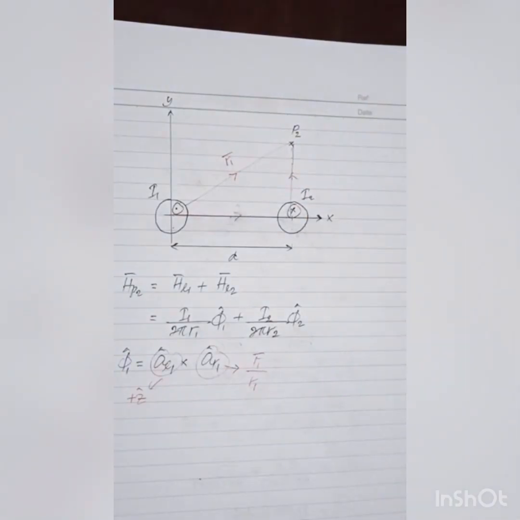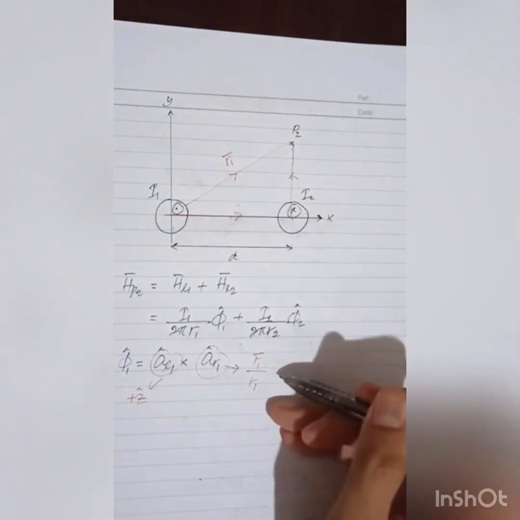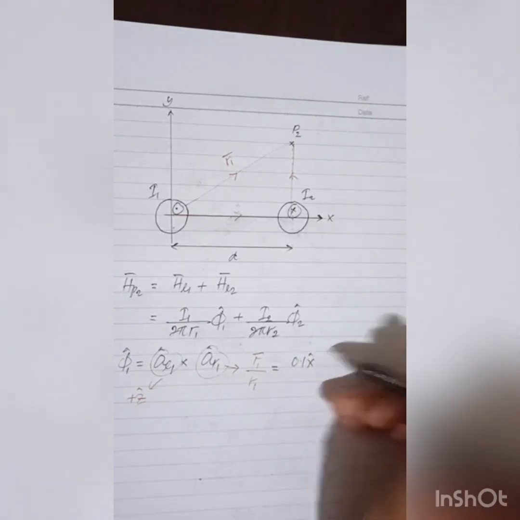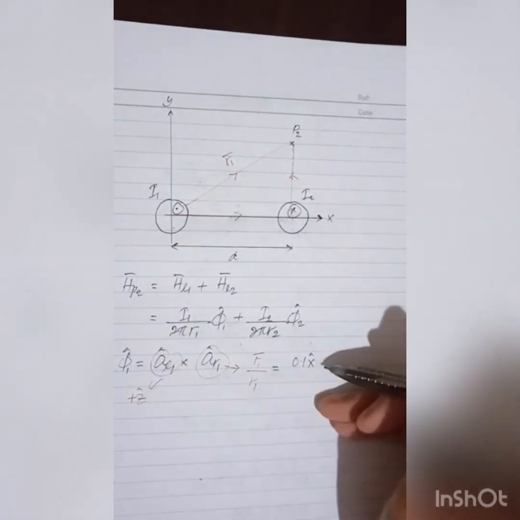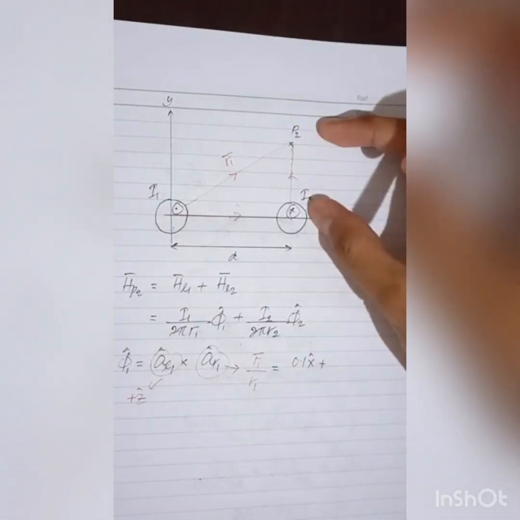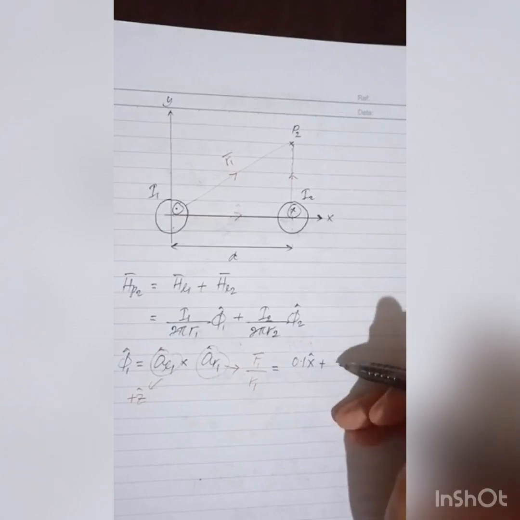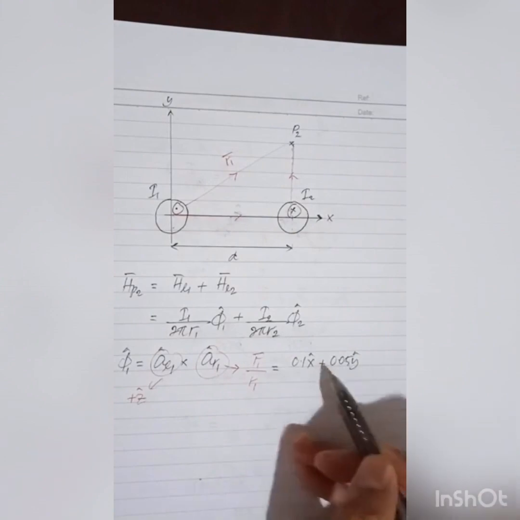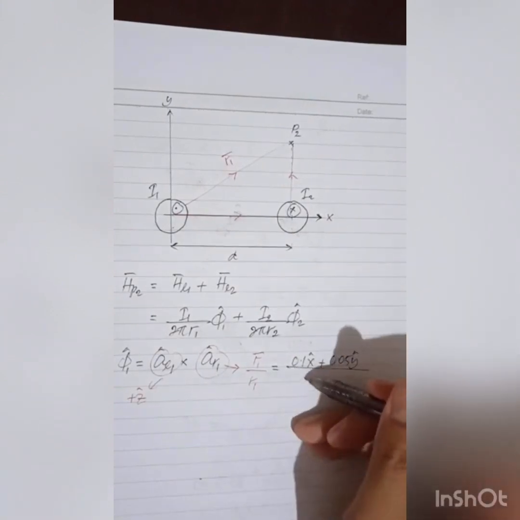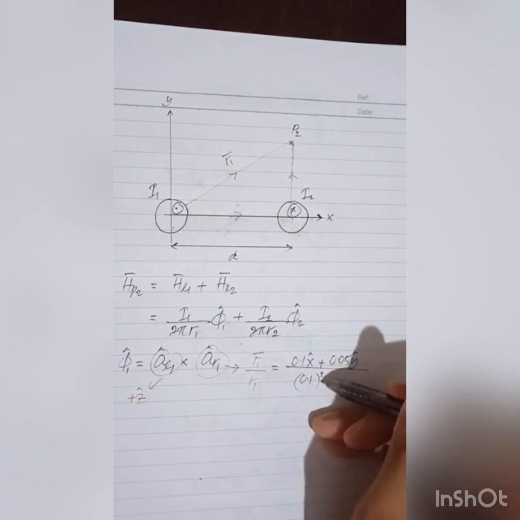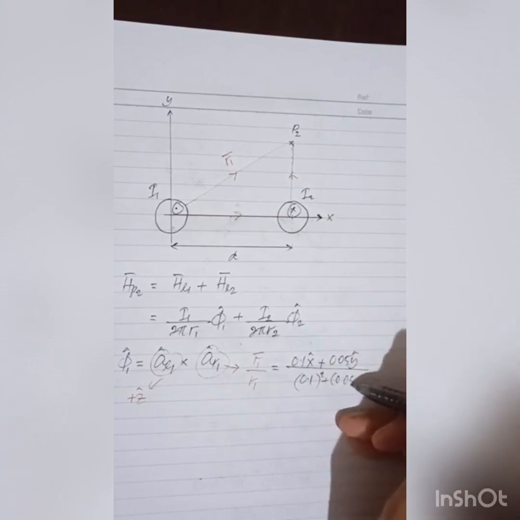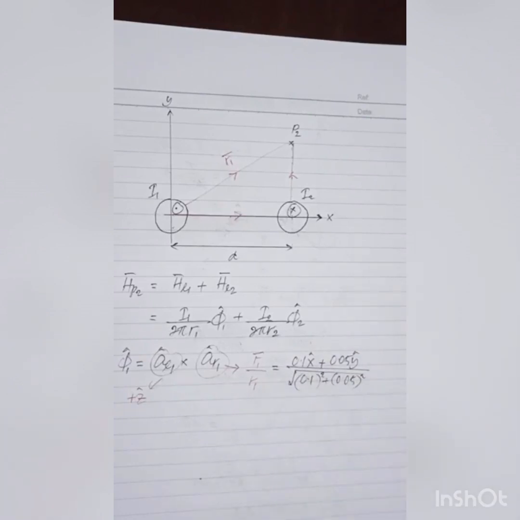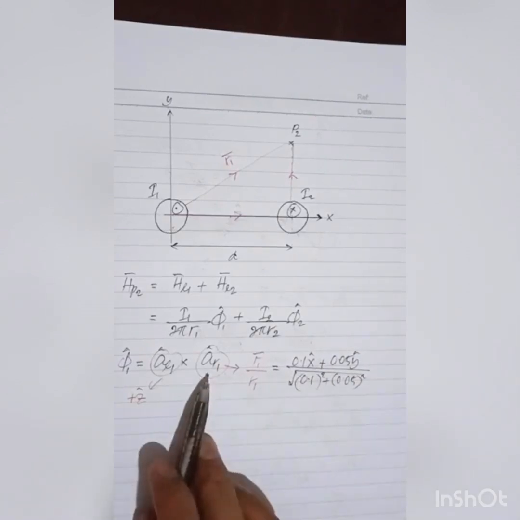In other words, the R1 vector is equal to 0.1 in the positive x component plus 0.05 in the y component, over its magnitude, the square root of 0.1 squared plus 0.05 squared. That's the expression of the vector R1.